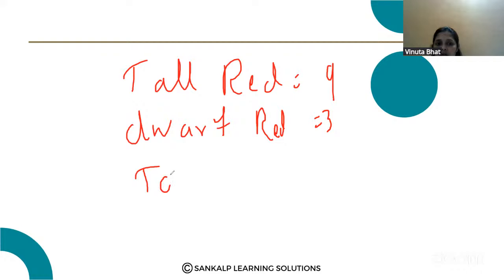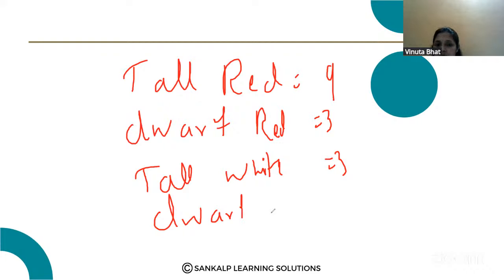Then tall white color flowering plants, that is also 3 plants. Then dwarf or short plants producing white color flowers, that is 1. So these are the different types of plants produced in the F2 generation.